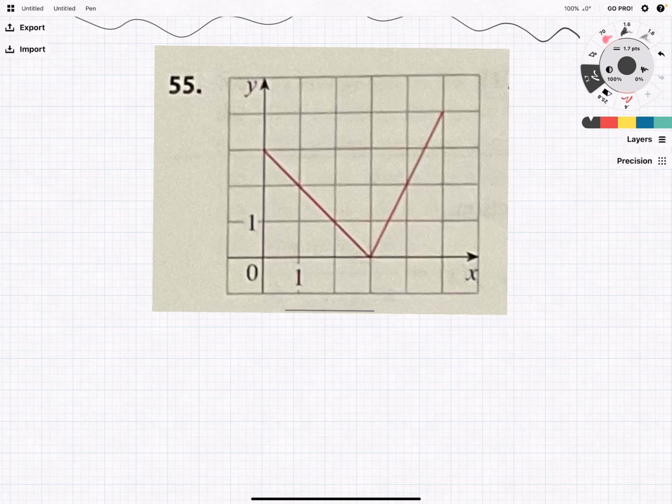So here's what we have. Let's just write some of the information here. It looks like we have a slope of -1 right here, and a slope of +2 over here.